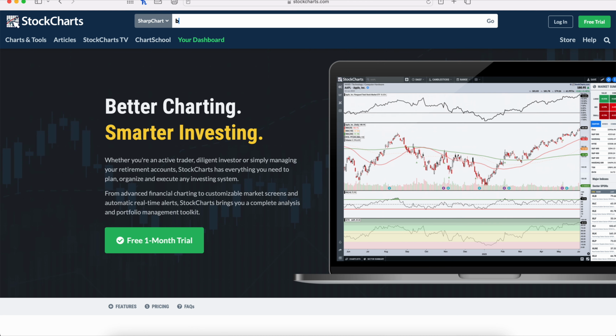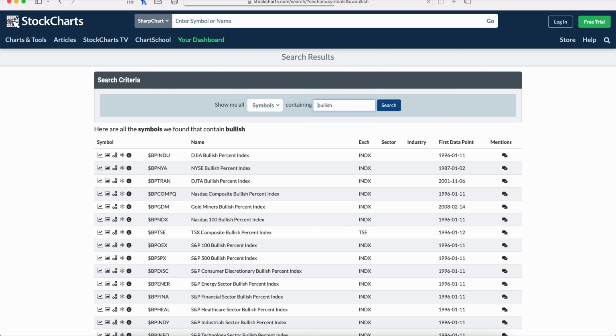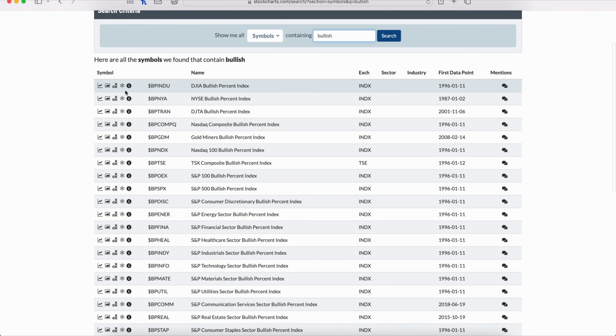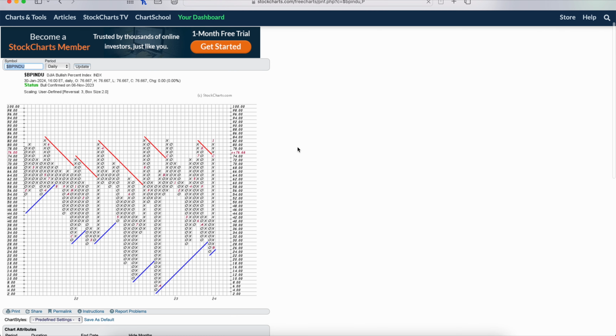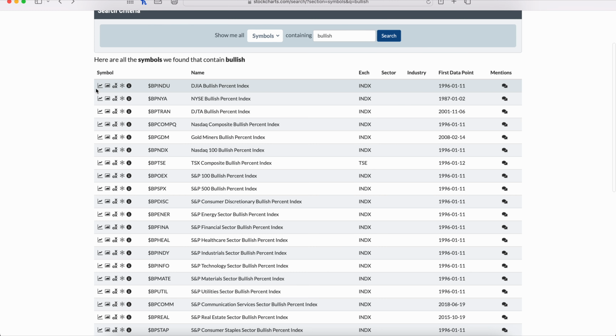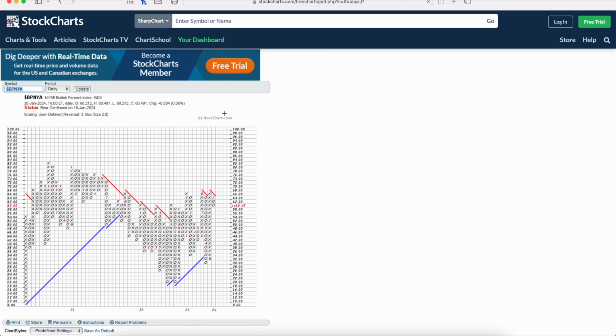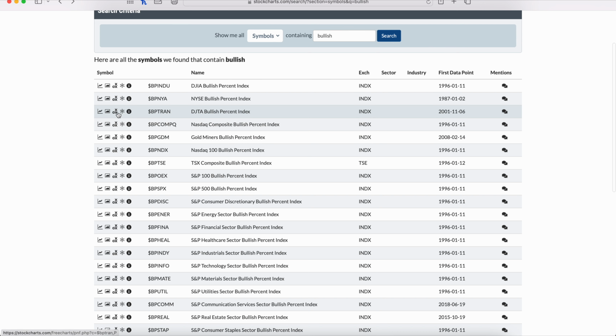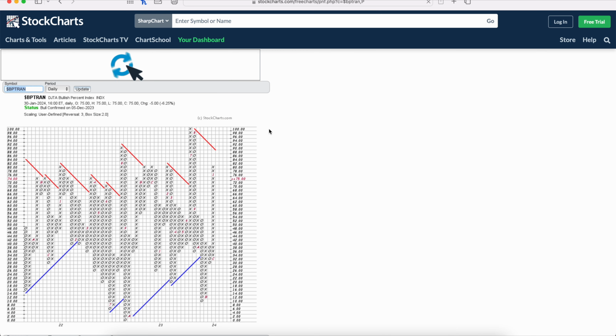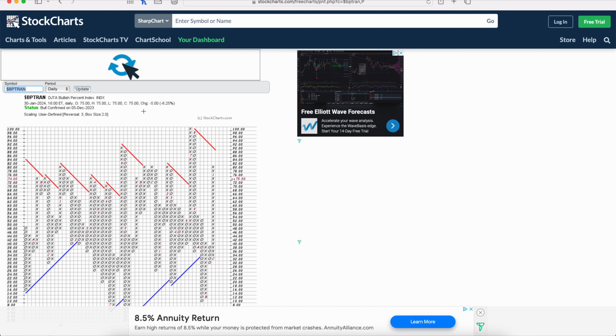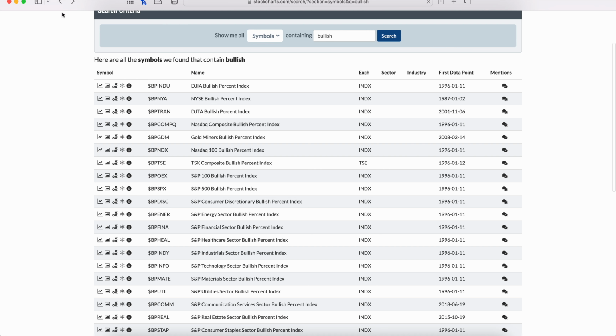So, that's that. Let's move to stockcharts.com and take a look at the bullish percent indexes. The industrials, no movement. The NYA, up a little bit, very little, 0.06. Transports, minus 6.25%. That's a decent sized move.